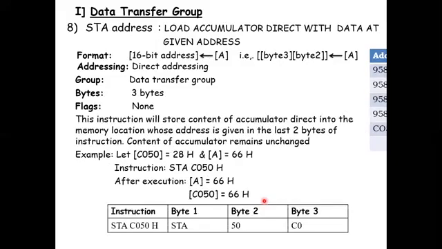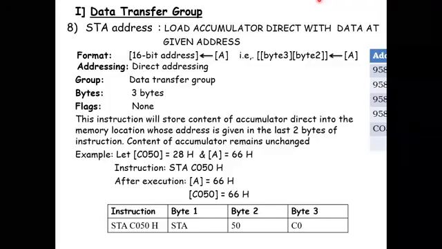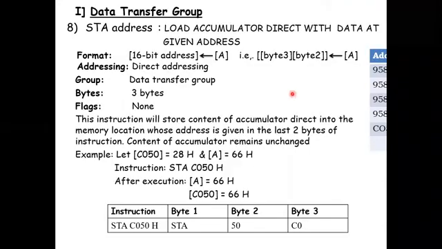Next is STA, store accumulator content. We are sending the A value to a particular address location. It is direct addressing mode, data transfer group, 3 bytes, flags not affected.